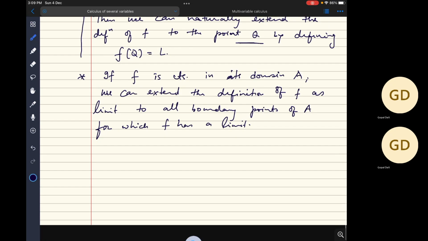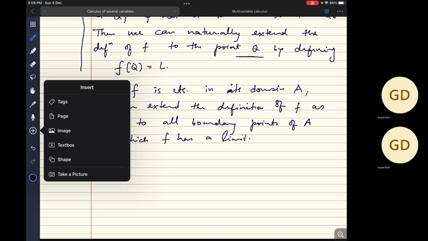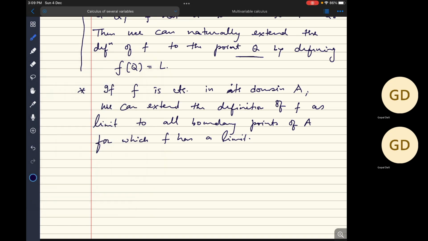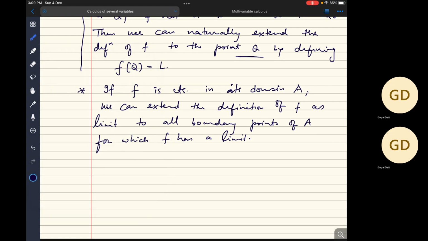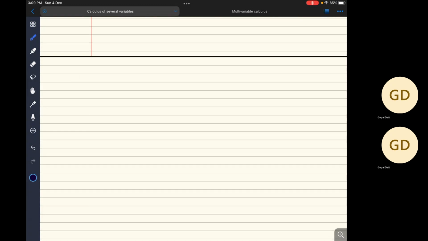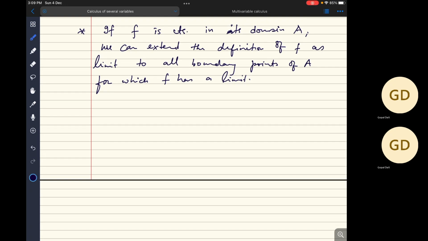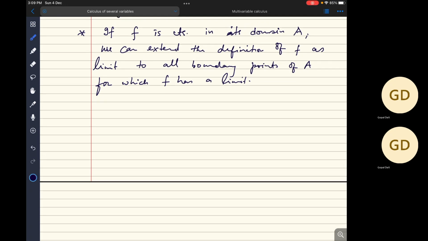And the extended function will be continuous. Okay, now let us see an example.